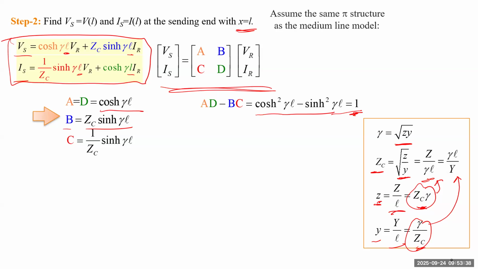But we haven't had an equivalent circuit for the long transmission line. We only have an equivalent circuit for a small segment of the line, but we want to have a circuit for the entire line. So how about we assume we have an equivalent circuit which has a pi structure like a medium line, but that equivalent circuit is also accurate for this long line.